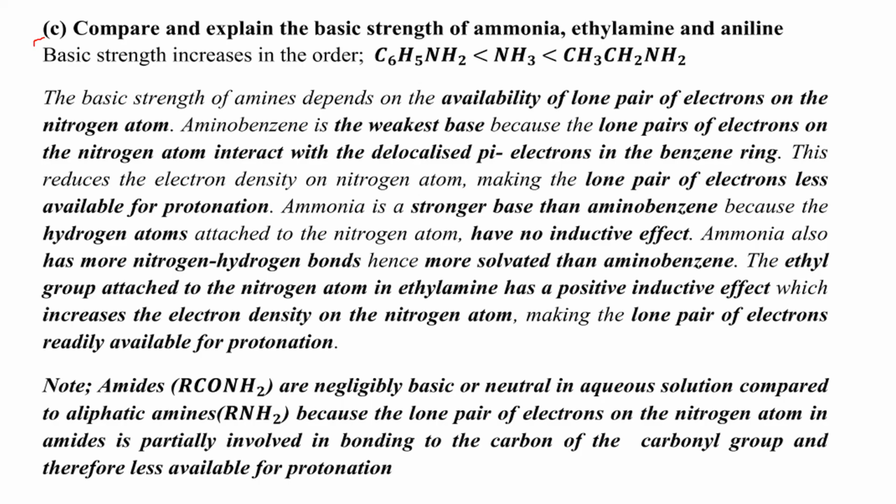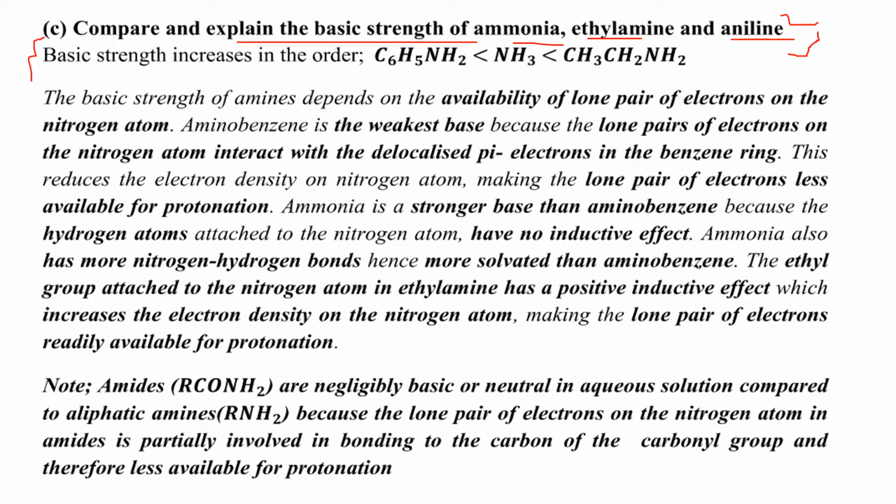This is concerned with the benzene rings, and you're saying that here you are going to be comparing and explaining the basic strength of ammonia, ethylamine, and aniline. Now notice that in aniline, we have a benzene ring attached to our amine or the nitrogen atom. Whenever you're talking about bases, we talk about availability of lone pairs of electrons on the nitrogen atom. We only talk about that.